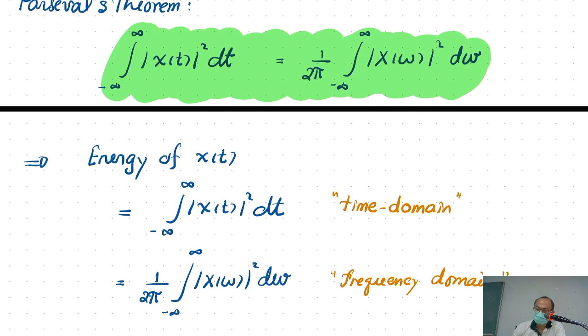Now we recognize that the left-hand side of the equation, this integral, is simply the energy of the signal. We've talked about this in chapter 1 extensively.